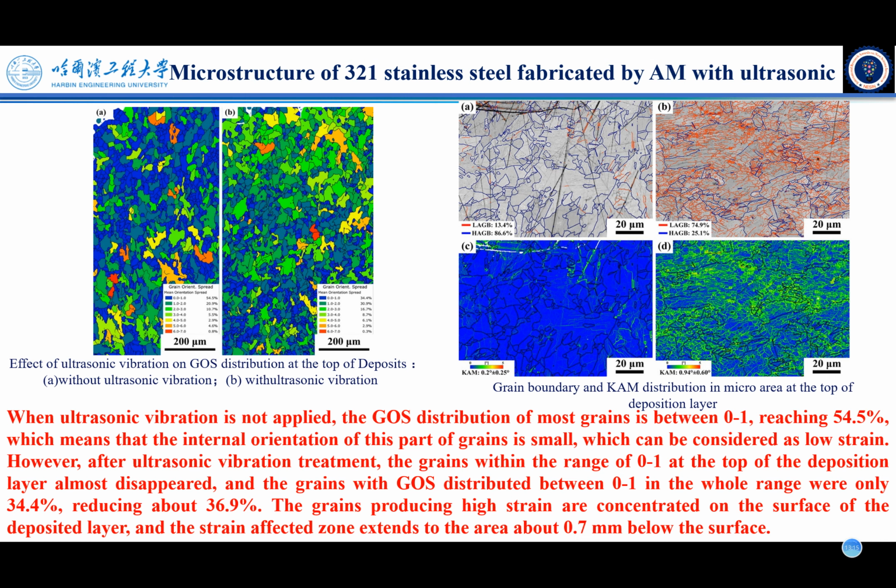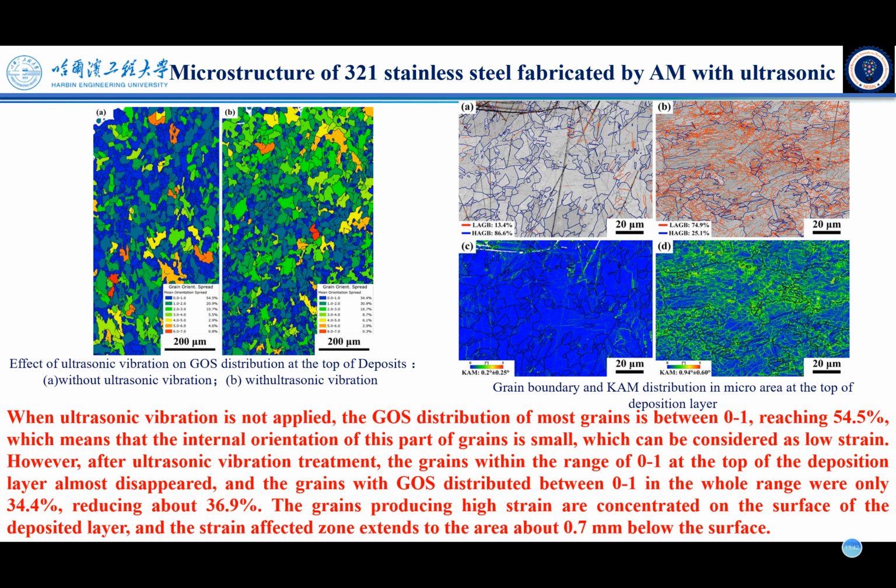However, after ultrasonic vibration treatment, the grains within the range of 0 to 1 at the top of the deposit layer almost disappear, and the grains with GOS between 0 and 1 in the whole range were only 34.4%, a reduction of about 36.9%.